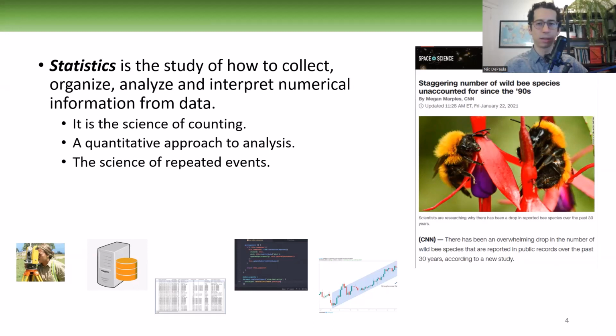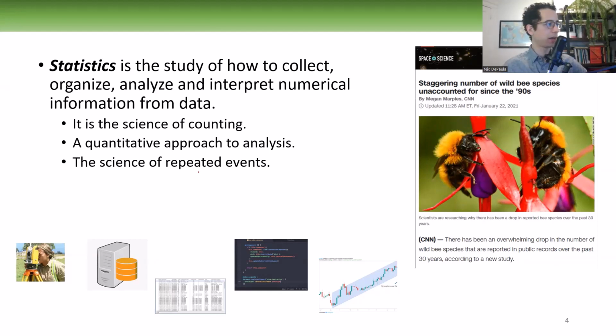And statistical analysis, by looking at multiple events of something happening, or events happening over time or across people and situations, can help us generalize information, find truths about the world, including truths about cause and effect relationships.